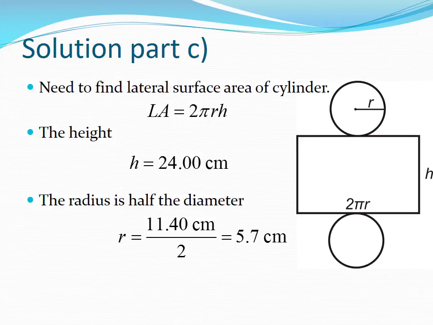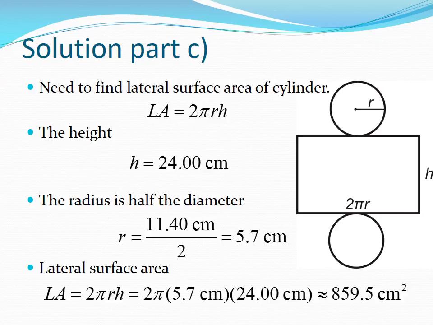The radius is half the diameter, or 5.7 centimeters. The lateral surface area is then 2 times pi times 5.7 centimeters times 24 centimeters, or 859.5 square centimeters, to 4 significant figures.